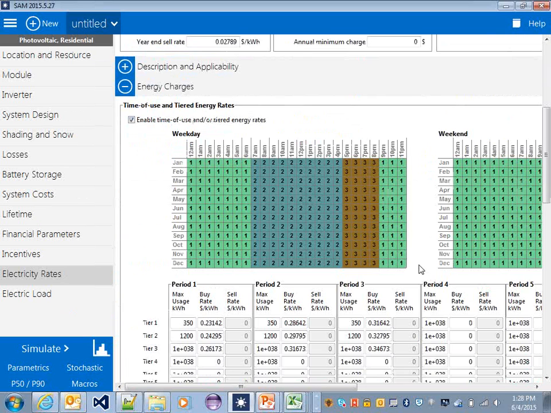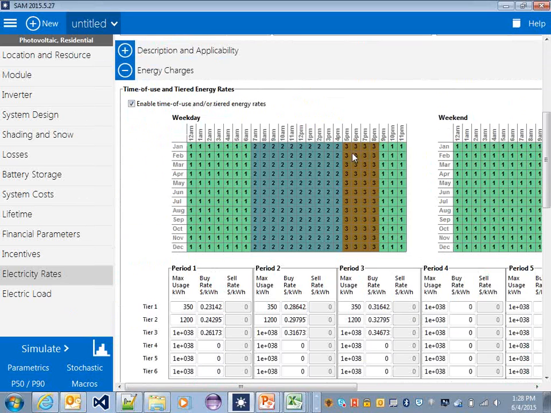Scroll down here. During the peak evening hours, 5 to 8 p.m., there's this period 3, which, if we look down here, has slightly higher electricity rates than the rest of the day. For a residential scenario, you could imagine that using the battery during this time might provide the most benefit.